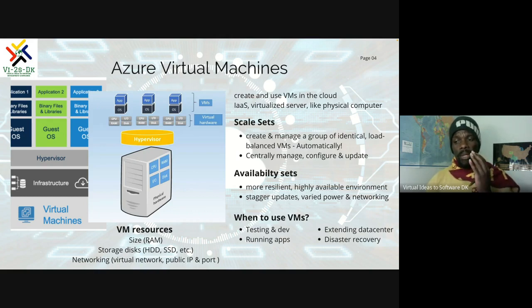You dedicate an amount from your RAM. Maybe your computer has 200 gigabytes. You can dedicate 15 or 20 gigabytes to create a particular operating system. You also dedicate storage, and then you set up its network, how you want it to be connected to the rest of the machine. So you have to set up if it has a public IP, if it has a port, which we'll talk about in networking next week. Does that answer your question?